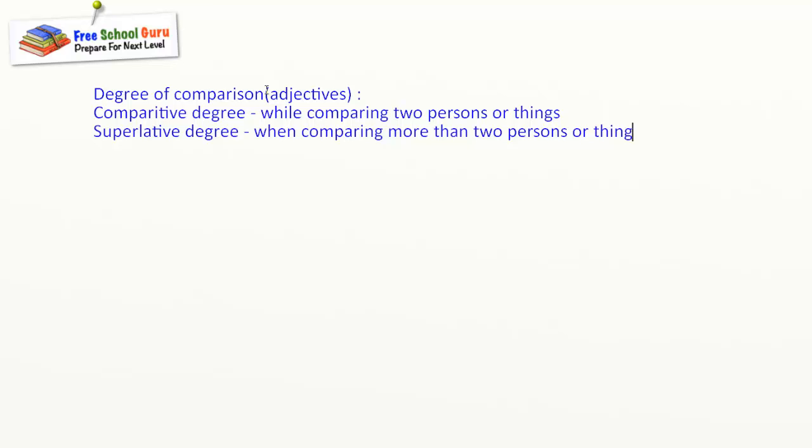Now in my previous example we used, Ali is stronger than his friend. It's a comparative. But then if I say Ali is the strongest boy in the class, now we are comparing more than two people, and we're telling that yes, one person, which is Ali, is the strongest of all. So you see the difference when it comes to comparative degree and superlative degree, right?